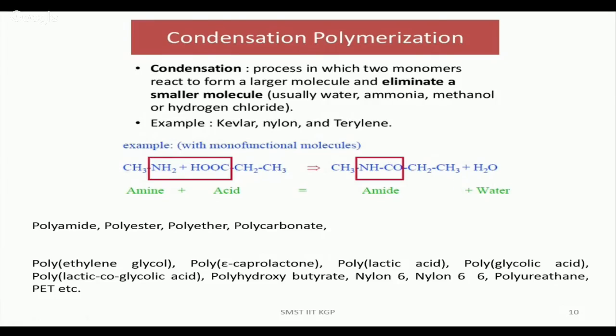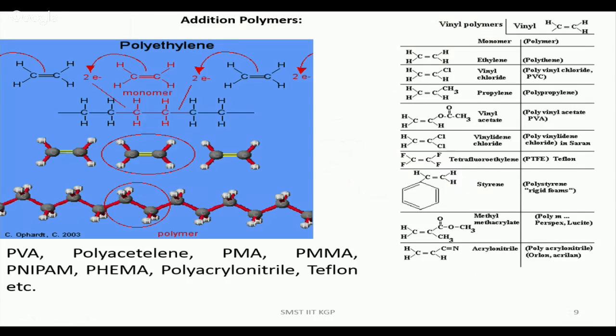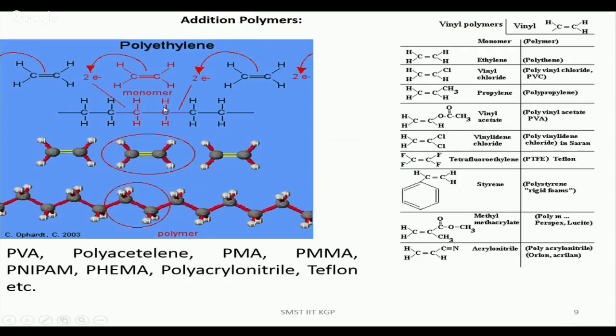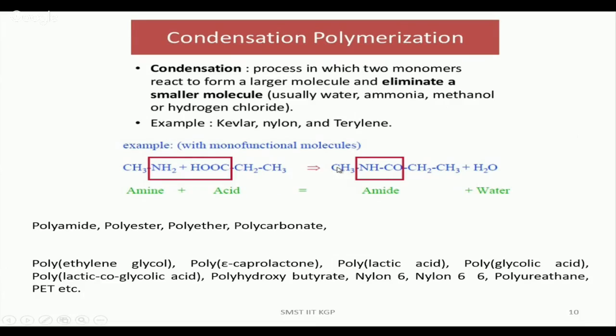Now interestingly, in addition polymers, what is the polarity? The nature of the bond is covalent, whereas here we have some percent ionic character. That is why addition polymers usually are not biodegradable. Whereas condensation polymers, because they have polarity, are sensitive to water, acid, and base, and that is why they are degradable.